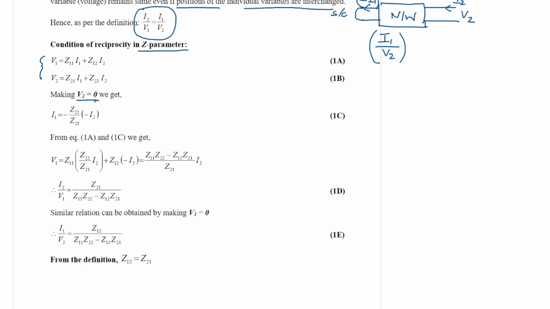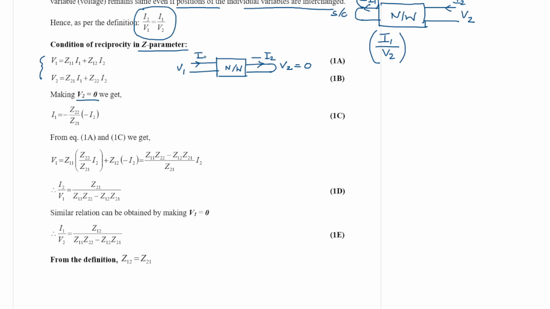V2 equal to 0 means if this is the network, then we must make the output port short circuited. So we are getting V2 equal to 0. So this current becomes minus I2.